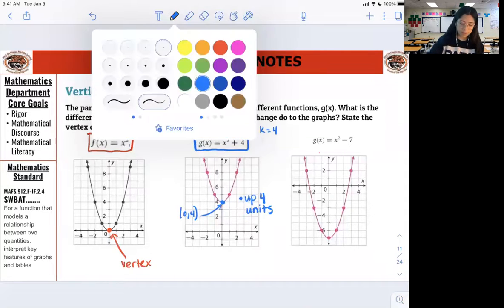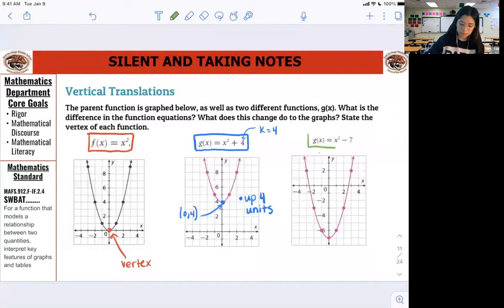What about the third one? Now, k equals -7. And lo and behold, what happens? It goes down now. It goes down from the origin, down 7 units.